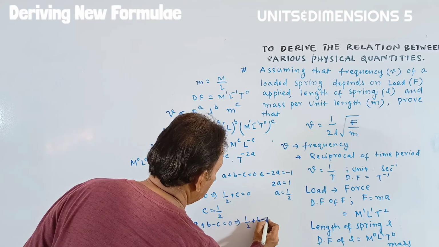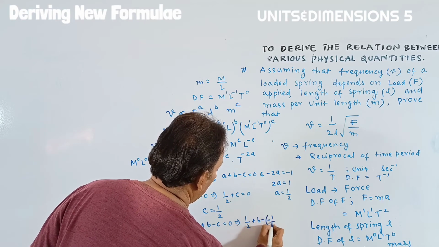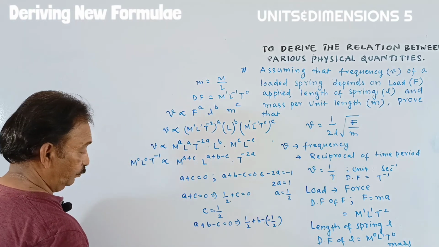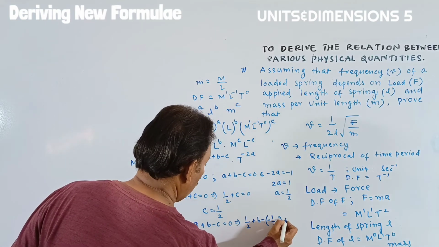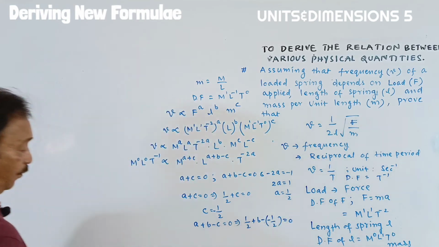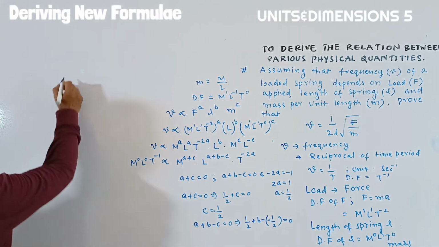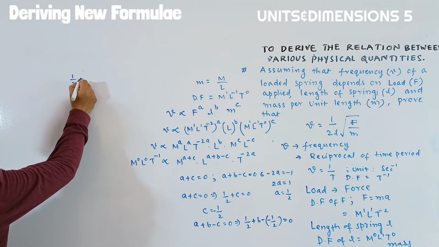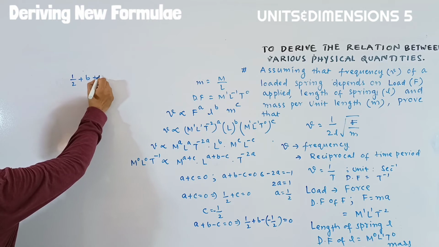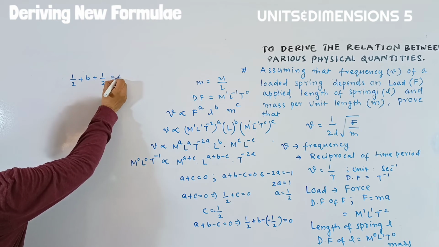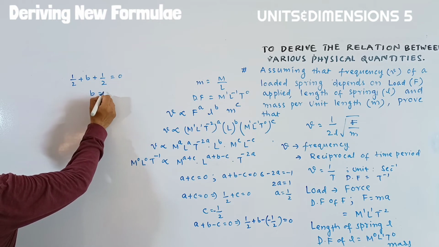That is minus of minus 1 by 2 is equal to 0. And finally we get 1 by 2 plus b plus half is equal to 0, and b is equal to minus 1.